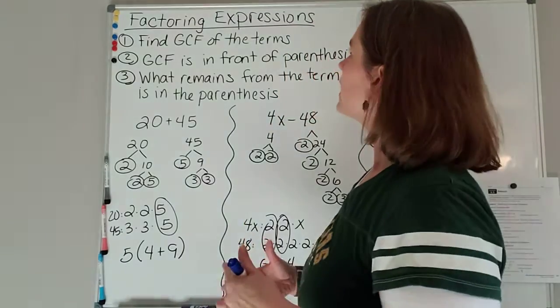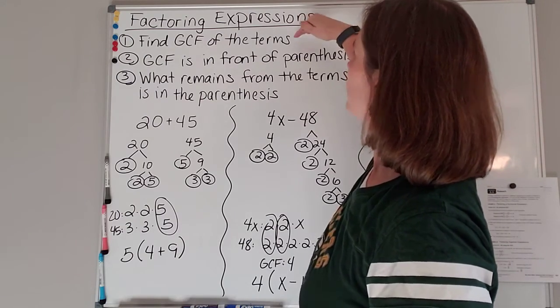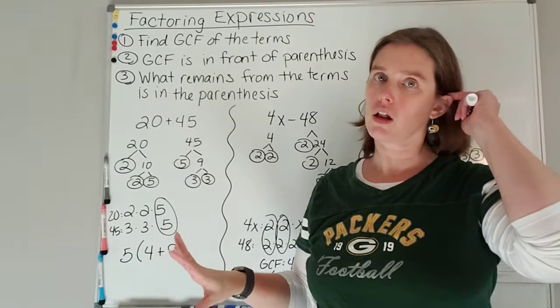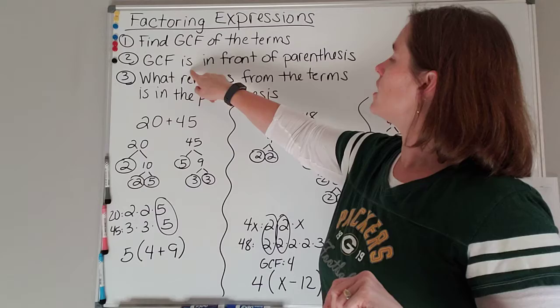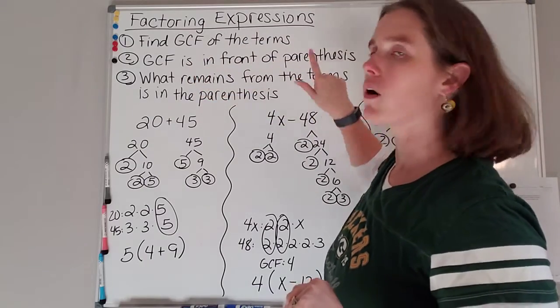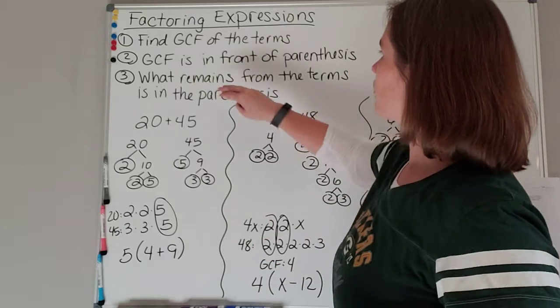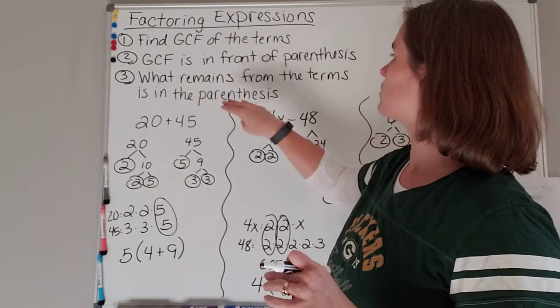So the basic idea when we're factoring expressions is you've got to find the GCF of the terms. And we're going to start with only two terms in all of our problems. So you find the GCF of each term. Then the GCF is going to get written in front of the parentheses, and then what remains from the terms goes in the parentheses.